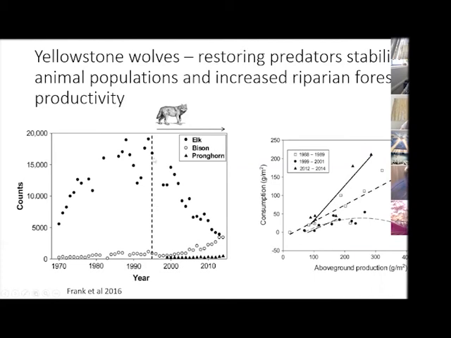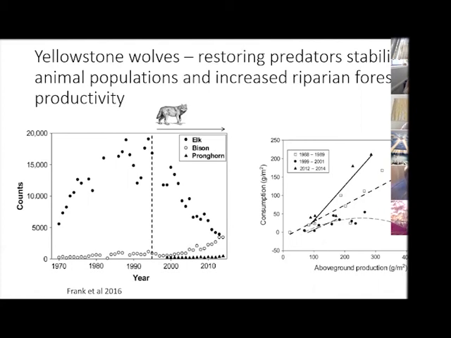Once the wolves were introduced, we had reductions in elk populations that came down to levels that seemed to, I would say, are probably healthier. Interestingly, wolves also seem to have indirect positive correlation anyway with the populations of bison and pronghorn. So Yellowstone seems to have become a healthier ecosystem by having wolves in it.